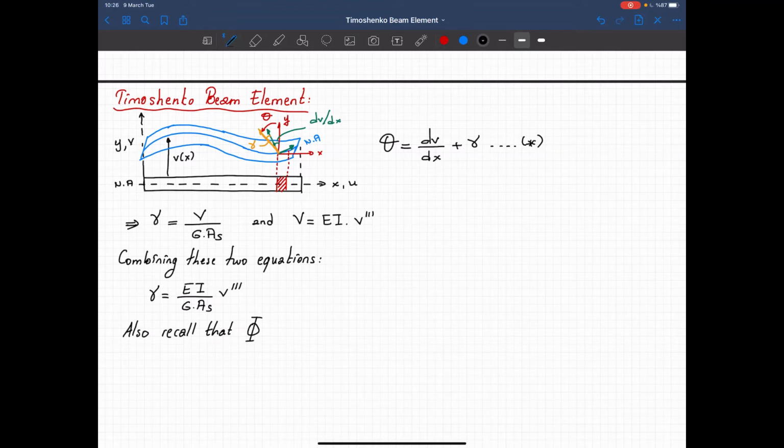Now, also recall that we have the following parasitic shear definition that we use in the derivation of the beam element with shear deformations. That's equal to 12 EI divided by G times A_S times L squared. This is called parasitic shear deformation, or basically shear slenderness.